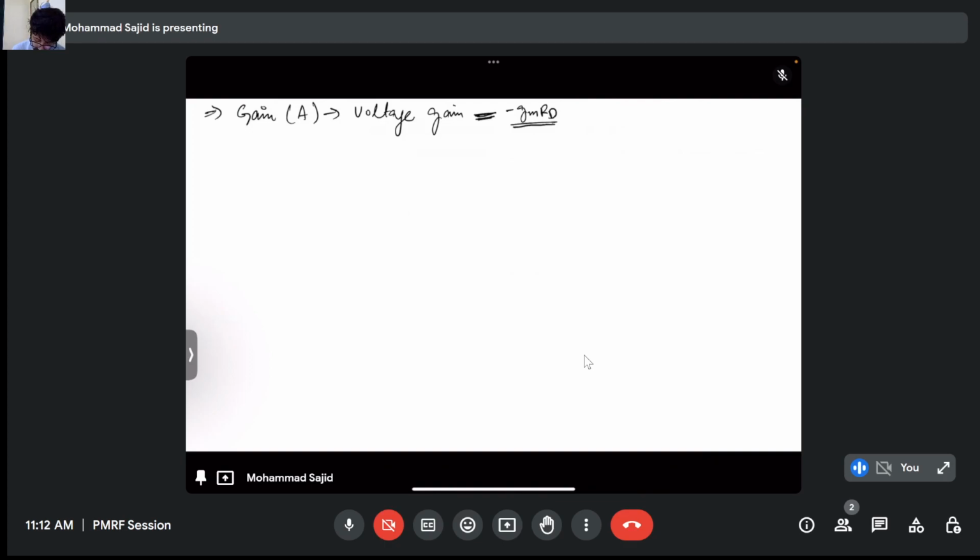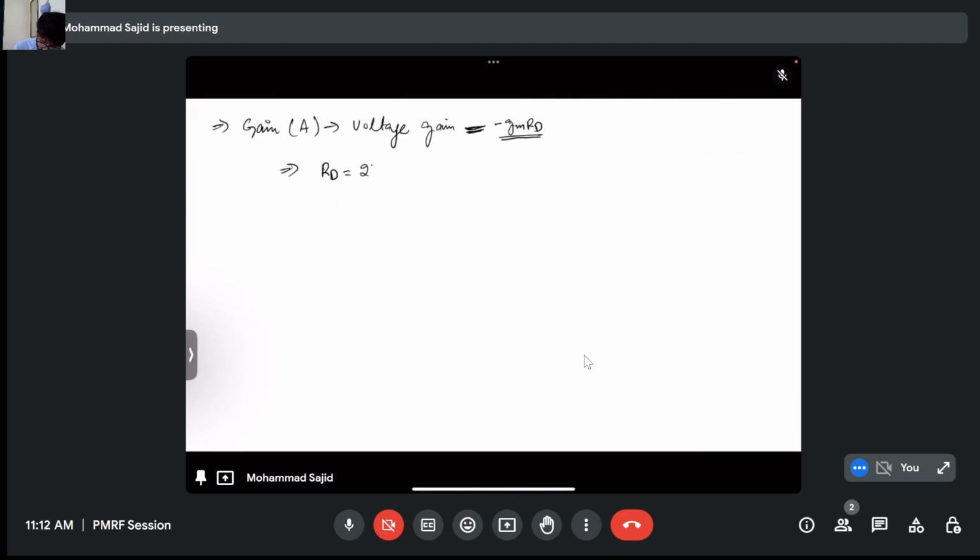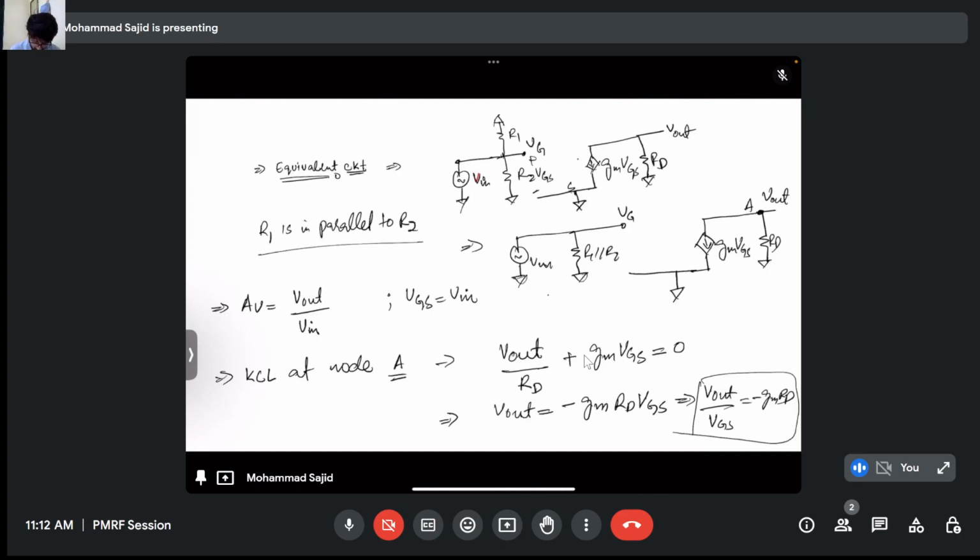Minus signifies that there is a 180-degree phase change. All right. Okay. So now that we have the gain, RD is given to us as 2 kilo ohm. Now we have to find gm. Let's find gm here.